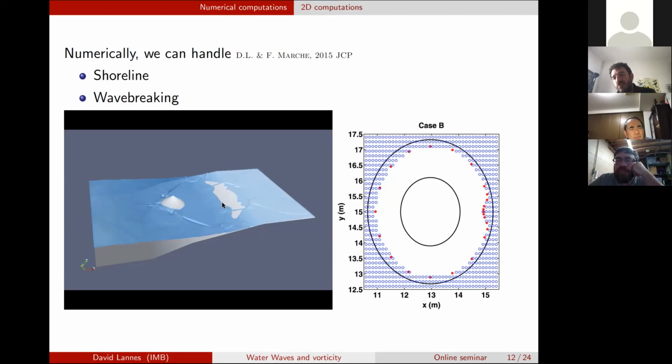It has to be of size square root of mu or smaller, which means that for a rotation like this, the length of the radius of vorticity should be like the depth of the fluid. If you have a stronger vorticity, for instance boundary layers, then you don't have the uniform bounds for my solution.